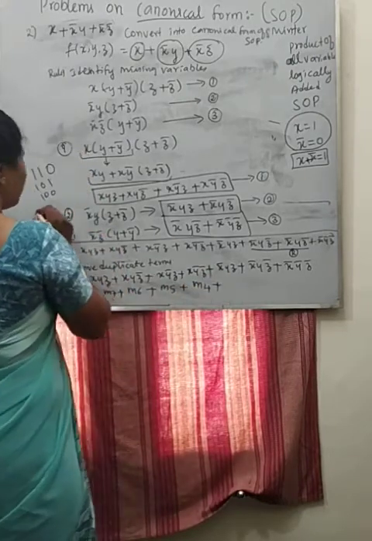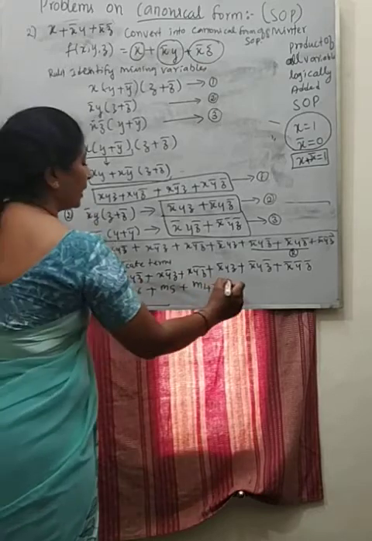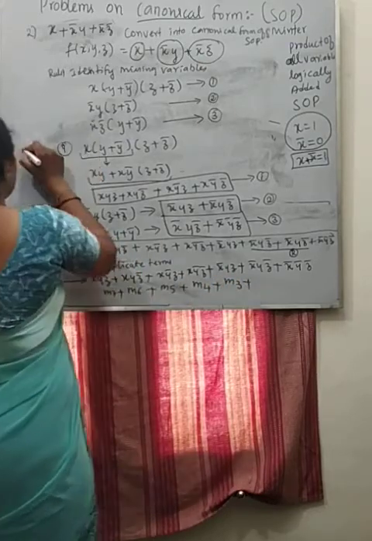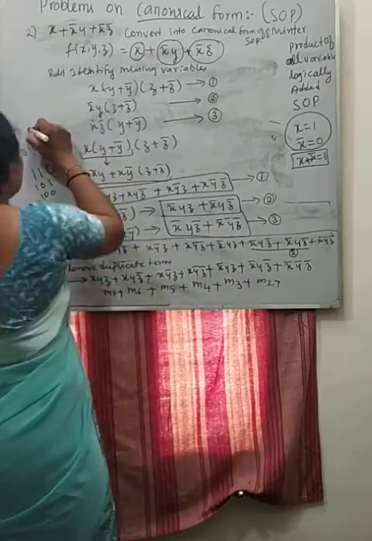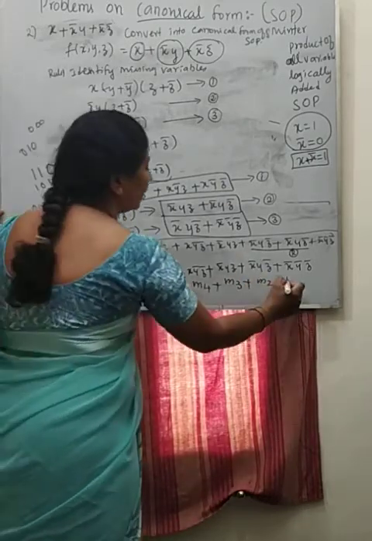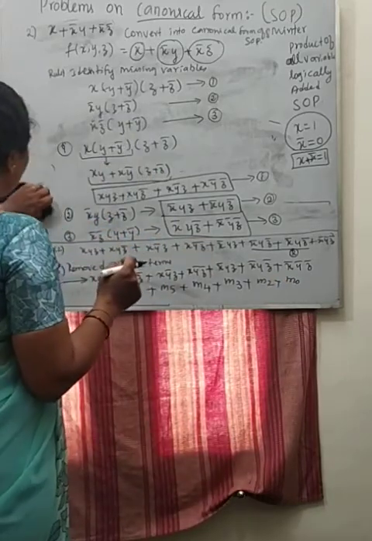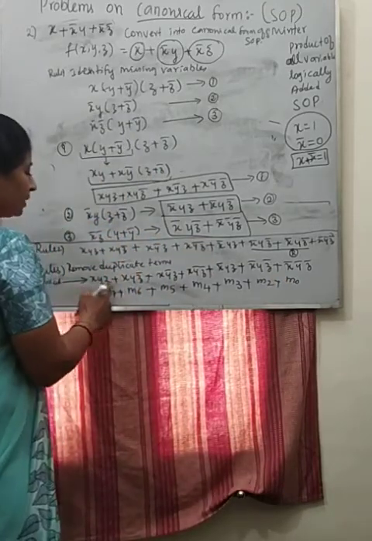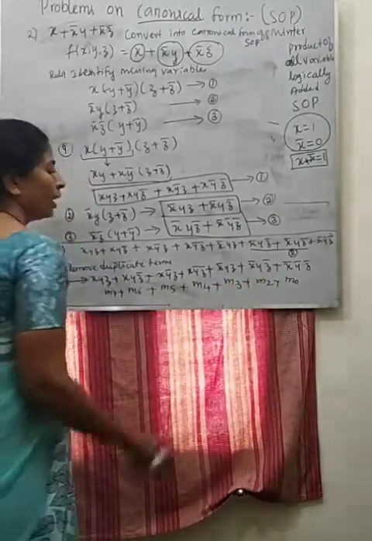Then here 0 1 1. What you will get? M3. 0 1 0. What you will get? M2. All 0, yes, you will get M0. Did you get it? So this is your M7, M6, M5, M4, M3, M2, M0.